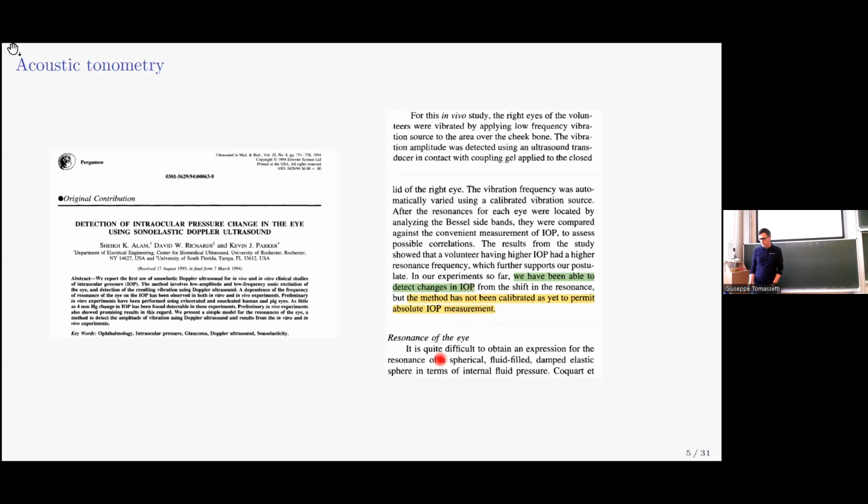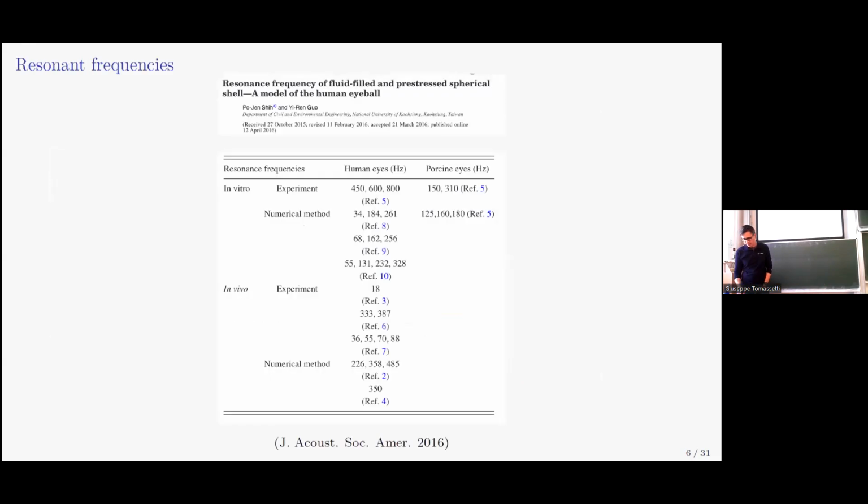Okay, but they pointed out that it's quite difficult to obtain an expression for the resonance of a spherical fluid-filled, damped elastic sphere in terms of internal fluid pressure. So they acknowledged that this was a problem. But there are people who have been investigating this issue with many different methods.